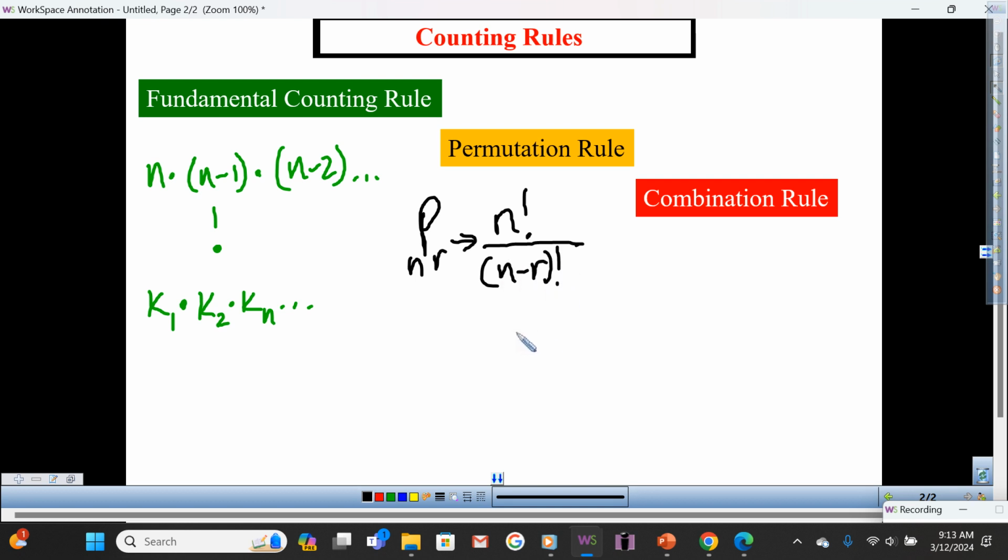That is correct. All right. How about combination rule? Areli, what do you think? R, okay. Times R factorial. Yeah, that is correct.